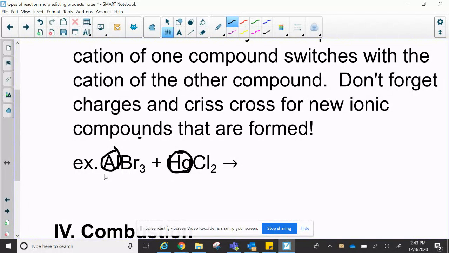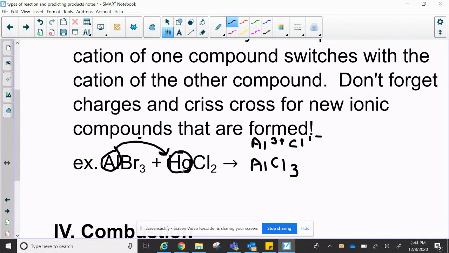What those guys are going to do is switch places. They're going to switch partners. So aluminum is going to come in here and kick out mercury, so it's going to be with chlorine now. Since aluminum is now with chlorine, we're writing new formulas. Aluminum has a 3 plus charge, chlorine has a 1 minus, so this is going to be AlCl3.